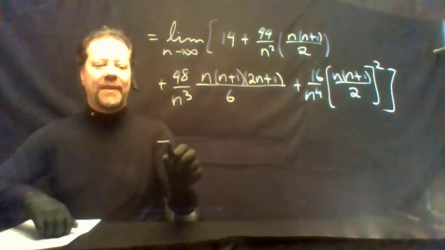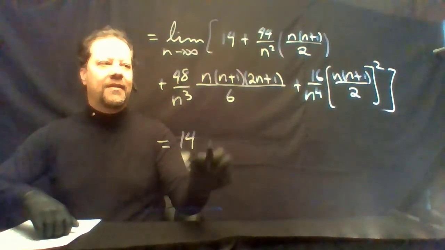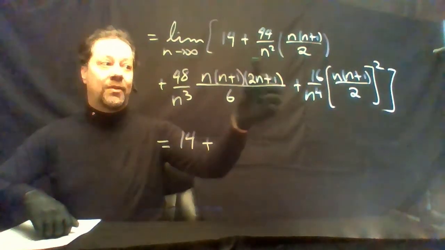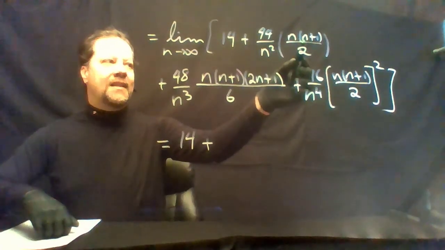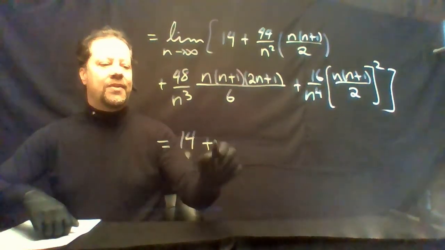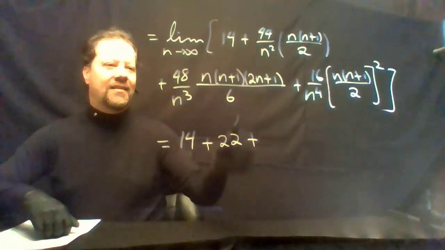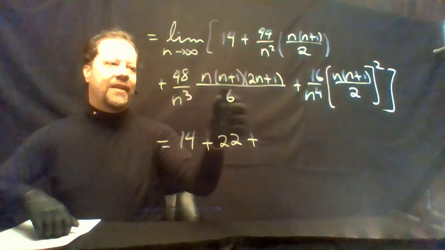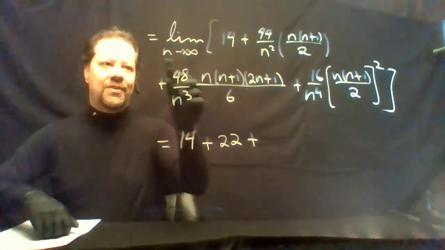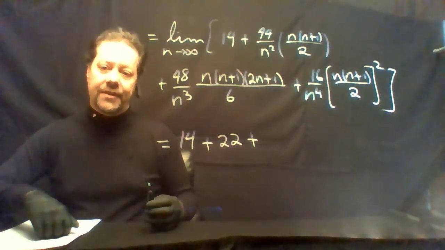Now we're ready to evaluate those limits. The limit of 14 is, of course, 14. We'll have a quadratic in the second term over a quadratic. n times (n+1) over n squared tends to 1. So this term goes to 22. On the next term, we have a cubic over a cubic. When you take the limit as n goes to infinity in such a situation, you take the ratio of the leading coefficients.